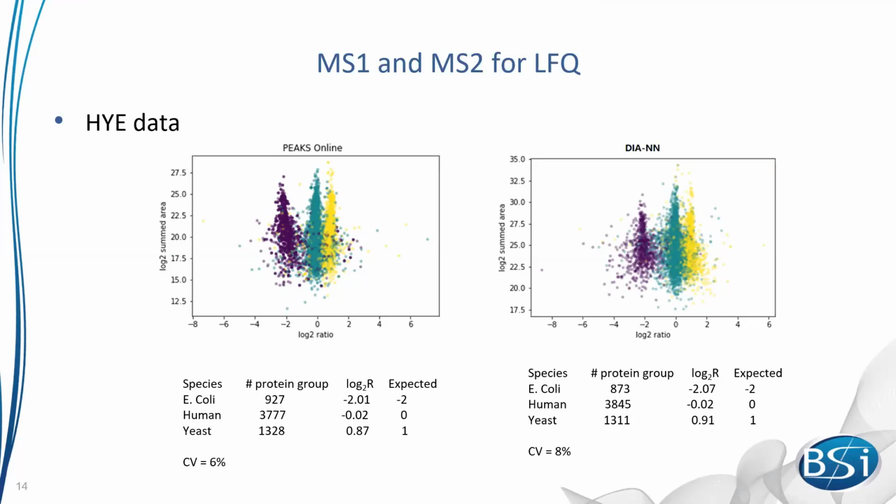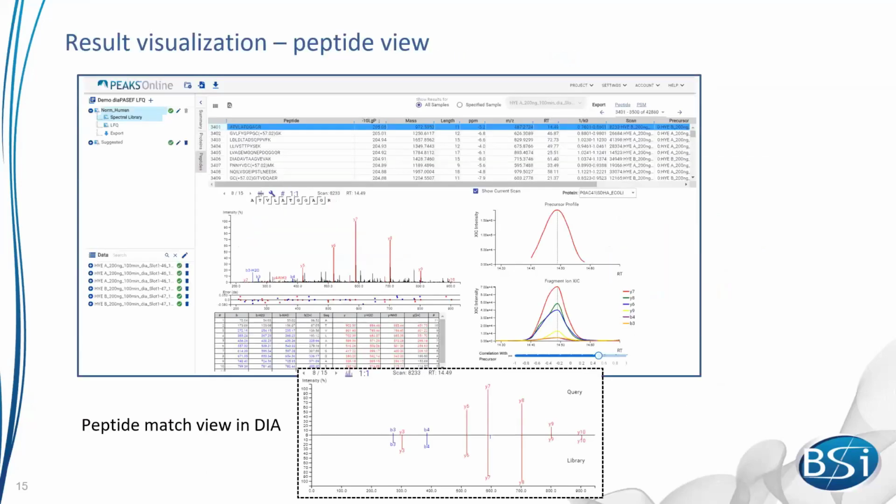From this, you can see that it does improve the accuracy, with relative sensitivity comparable to DIA-NN, in both the number of quantified protein groups and the quantification accuracy. Overall, we also provide a very good user interface for validation of the peptide identification.